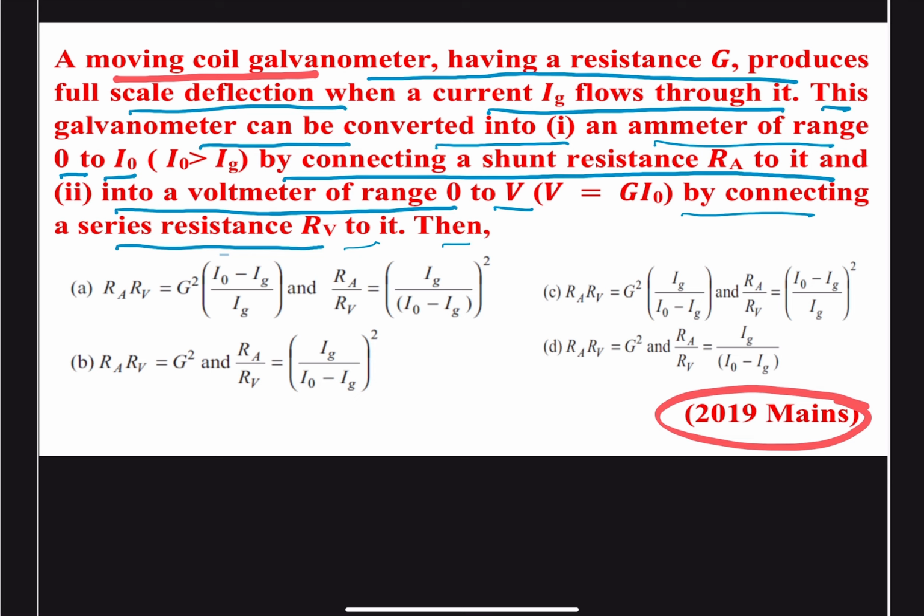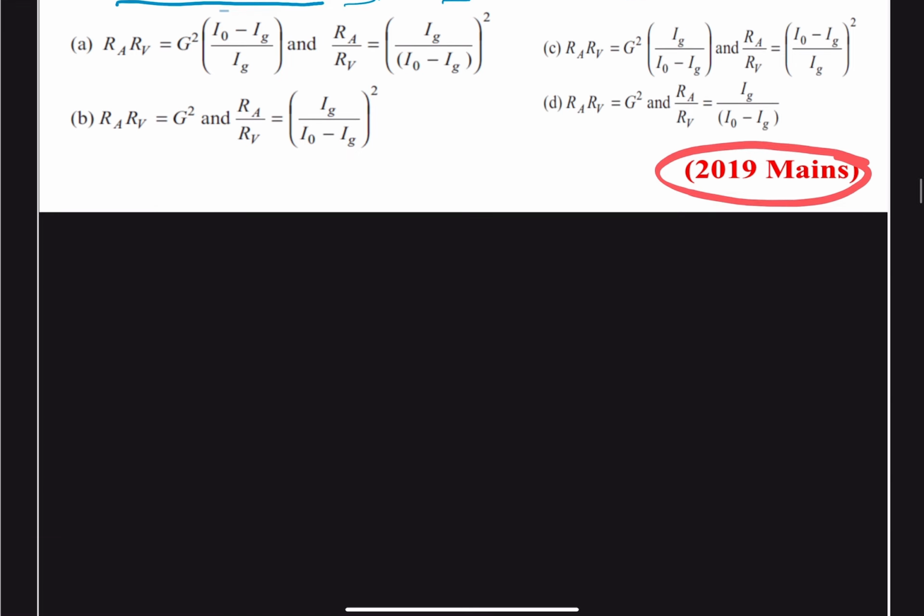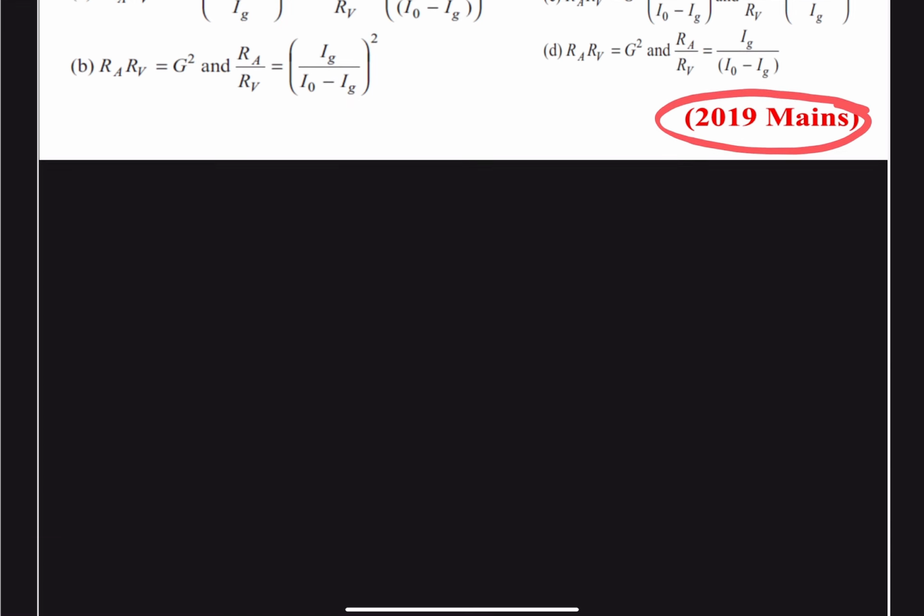In this case, we have to first of all convert the galvanometer into an ammeter. So let us solve for the first part.